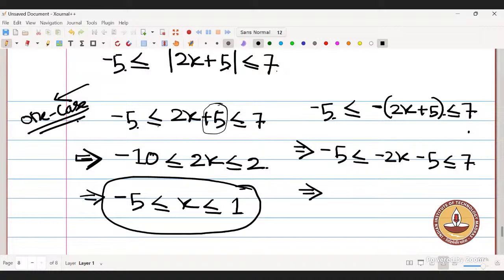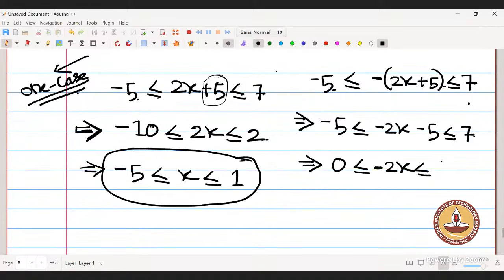So now what will you do? The equality changes. Add 5. Adding 5, what will you get? Here you will get 0, right? 0, -2x, 12. And from here, what can you get?